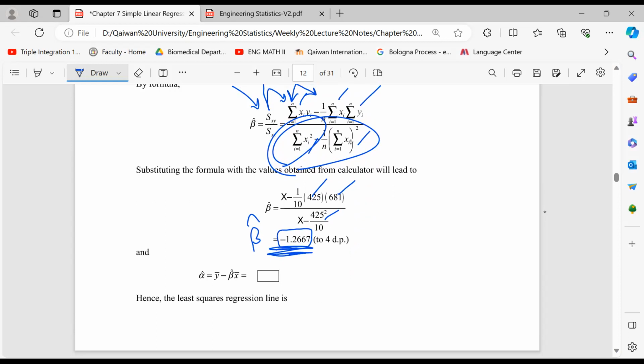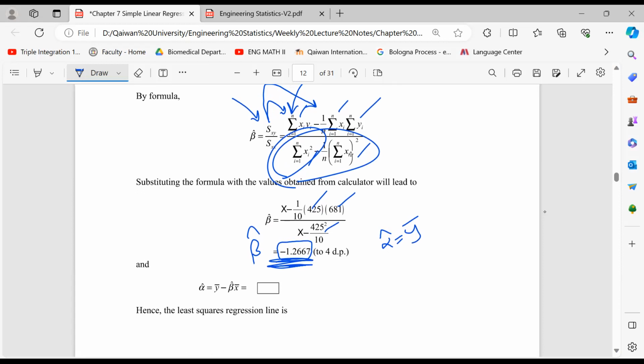How to find alpha? Alpha hat is y bar minus beta hat x bar. Y bar is the sum of all elements of y divided by 10, and the sum of all elements of y is 681. So alpha hat is 681 divided by 10, as you have 10 data for x and y, minus beta hat.